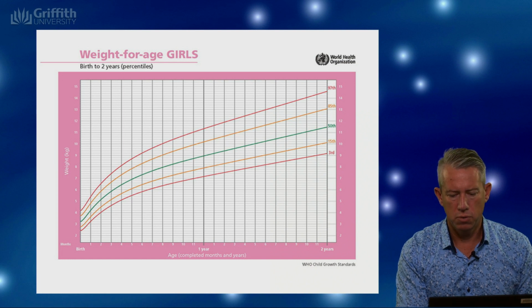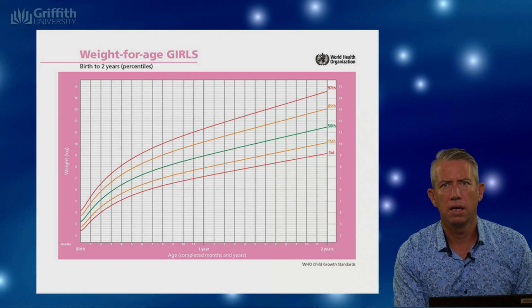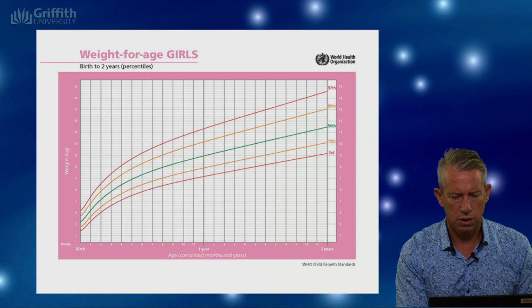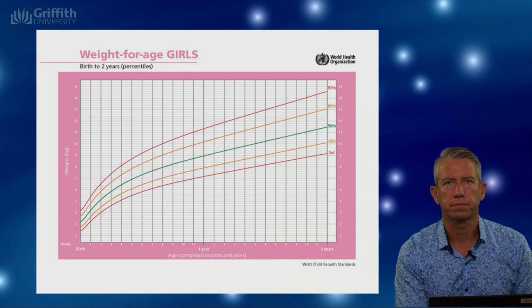And in this example, we have a 75th and a 95th percentile, I believe. Just give me 2 seconds and I'll blow it up and I can have a look. So we have the 85th and the 15th and the 3rd or the 97th percentile.